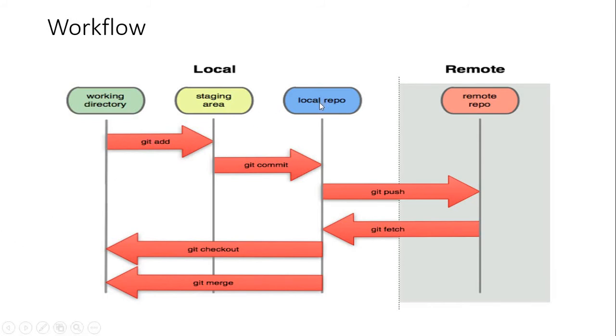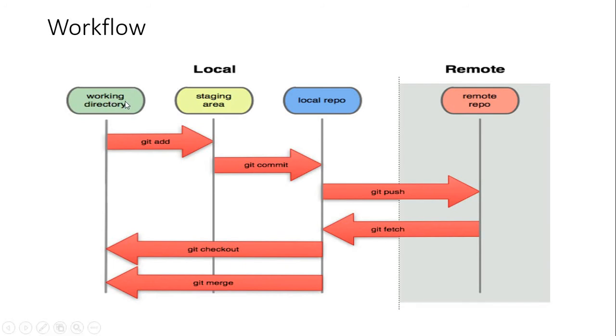Suppose you have a new file, it means it is in the working directory, so then you need to add it to the staging area. Staging area means index area. Suppose I give an example: you have around 10 files in the working directory. You have just added 10 new files for your work. They are in the working directory.